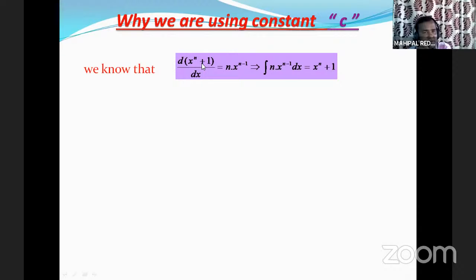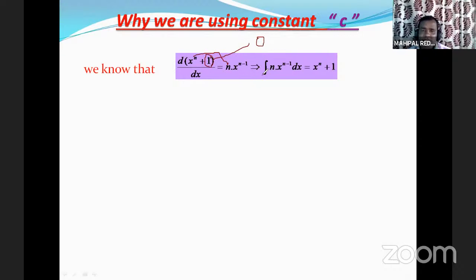Derivative of x power n plus 1 with respect to the x variable equals derivative of x power n, which is n into x power n minus 1, plus the derivative of 1, which is 0. The derivative of a constant numerical value, like 1, is always 0.